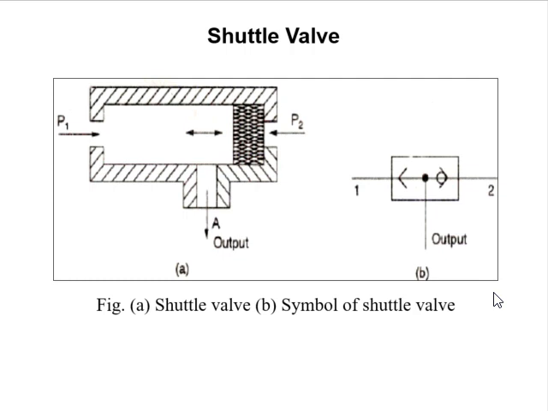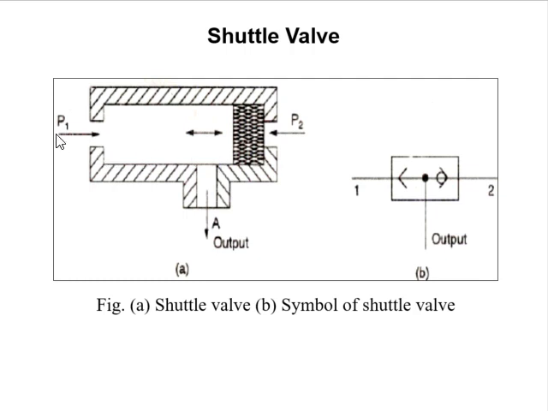As you can see in this diagram, P1 and P2 are the two inputs given to the valve, and A is the only output, and in between it has a sliding spool. We can say it is a sliding valve.